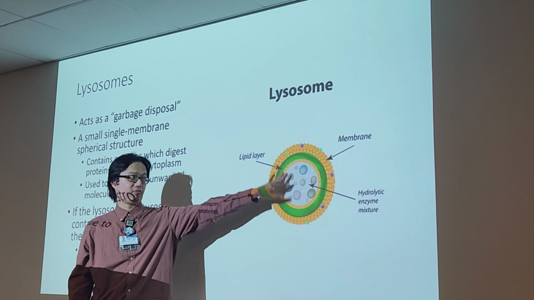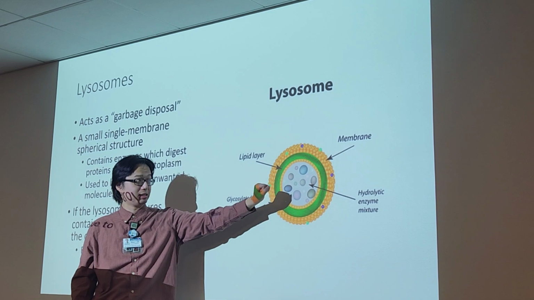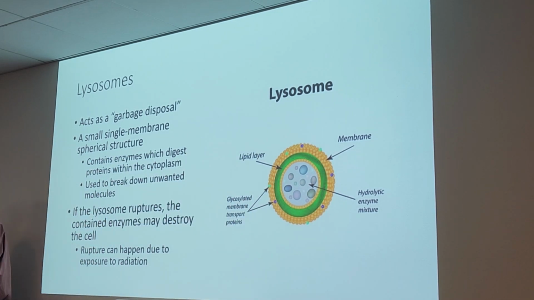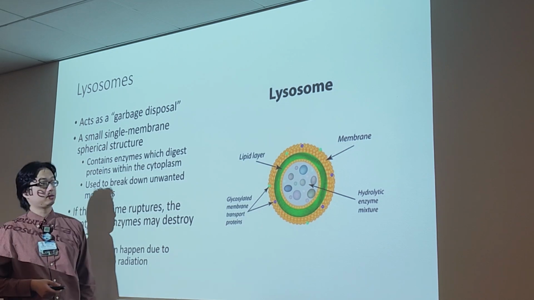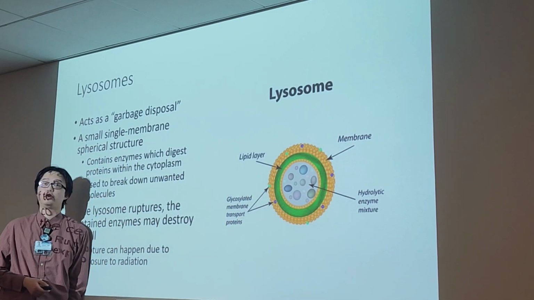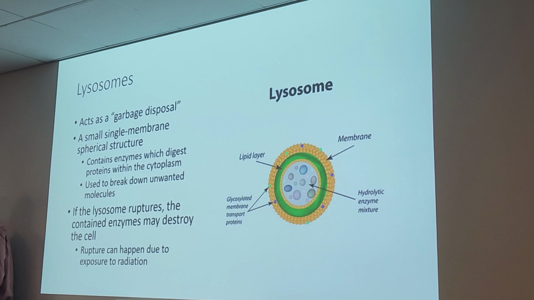If the membrane breaks and this toxic stuff enters the cell, it can start to break down the cell itself. So the cell tries to keep it enclosed in that lipid layer. Now, radiation can break through the lipid membrane, so radiation can cause the lysosomes to rupture and the contents to start attacking the rest of the cell.